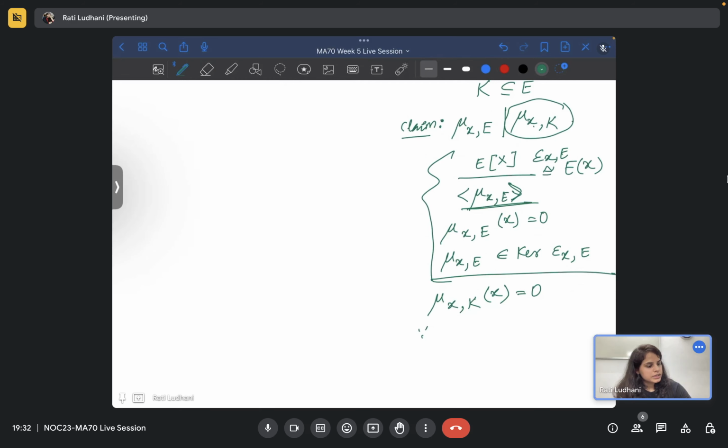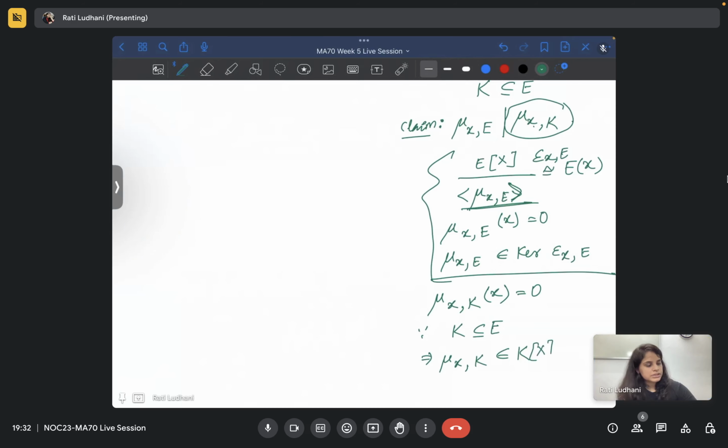Now since k is contained in e, this polynomial, with variable x, will belong to Ex. You know that this belongs to Kx, right?